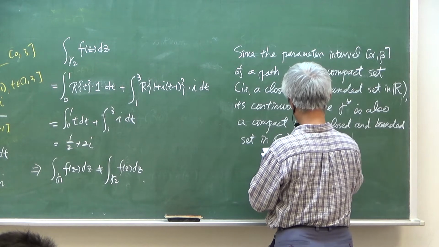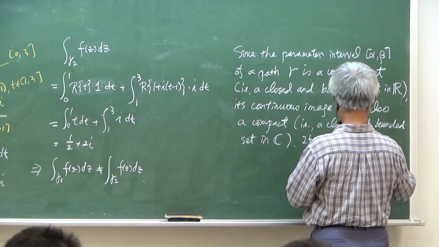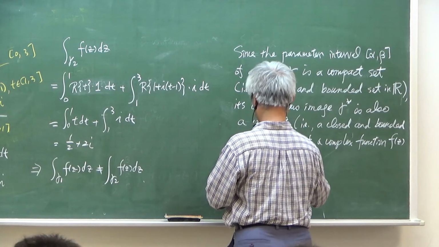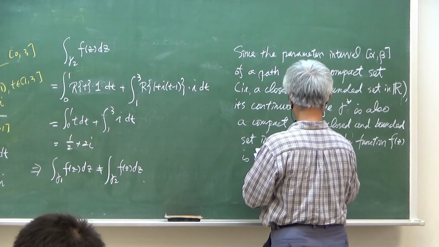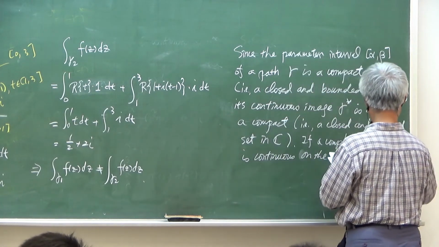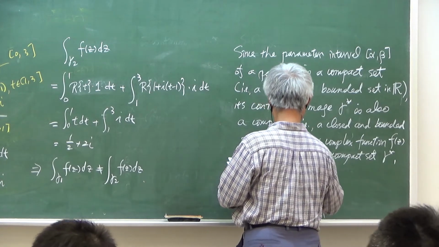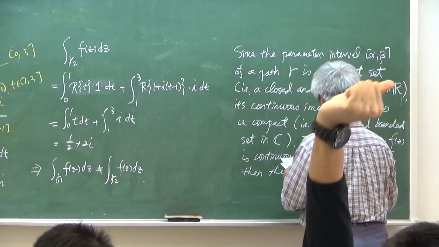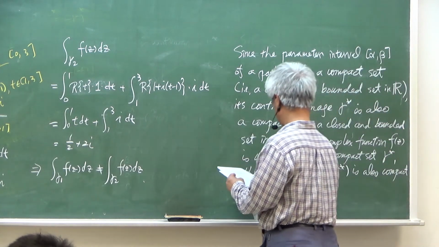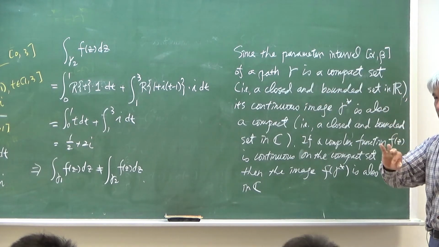Now, again, if a complex function f(z) is continuous on the compact set gamma star, then the image f(gamma star) is also compact in C. So the continuous image of a compact set must be a compact set.